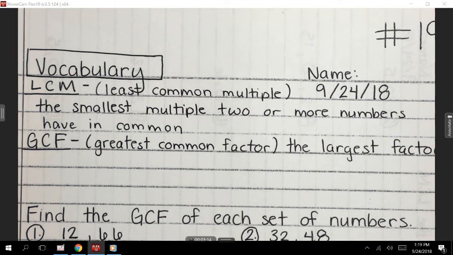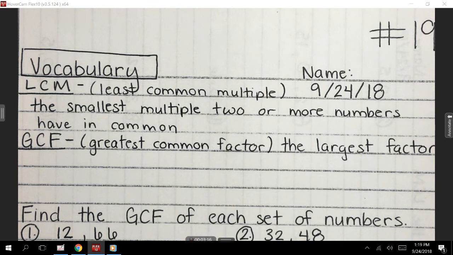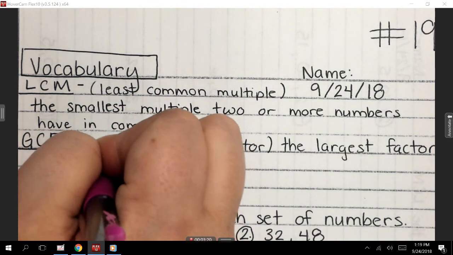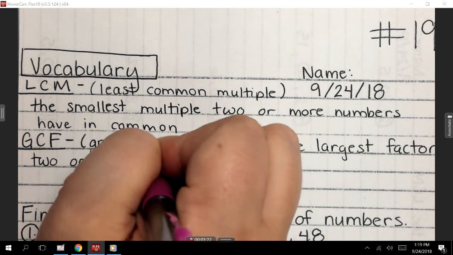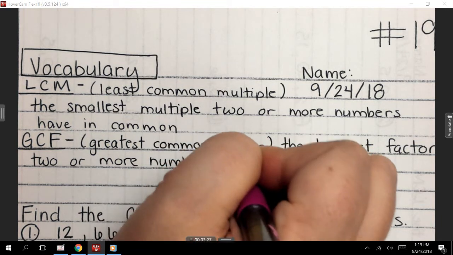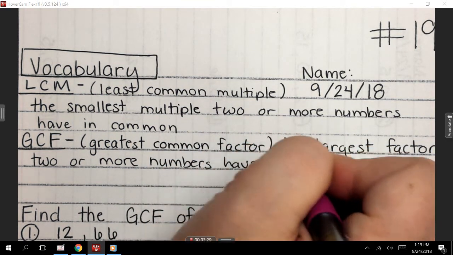What's left there? Do I need to move it over just a tad? The largest factor two or more numbers have in common.